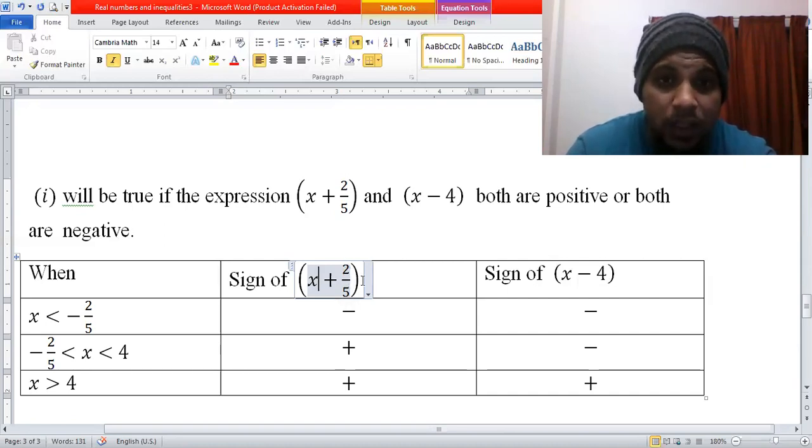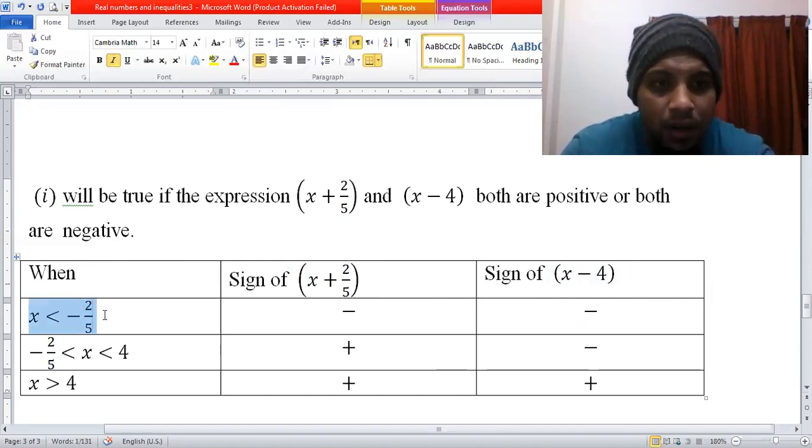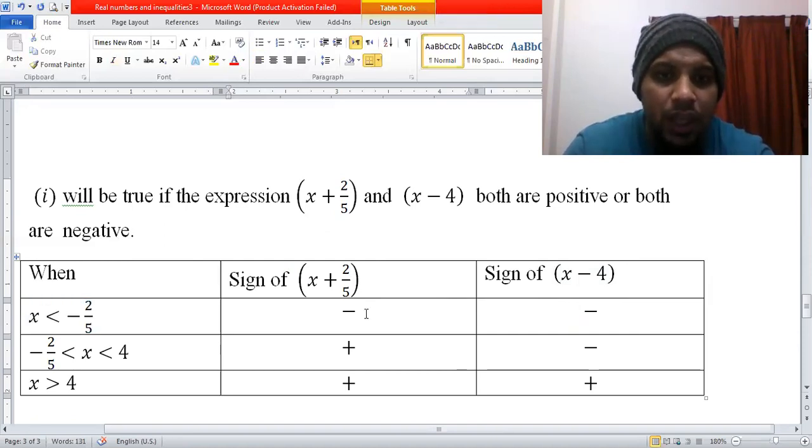You make the calculation in your rough section. And okay, minus 3 by 5 minus 4 is also negative. That means we can take x less than minus 2 by 5 as our true condition, because for this condition we get both x plus 2 by 5 and x minus 4 as negative.